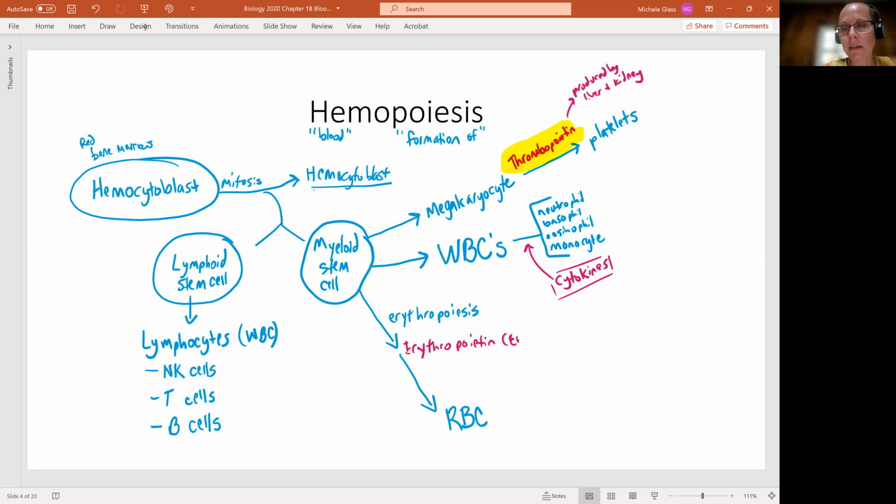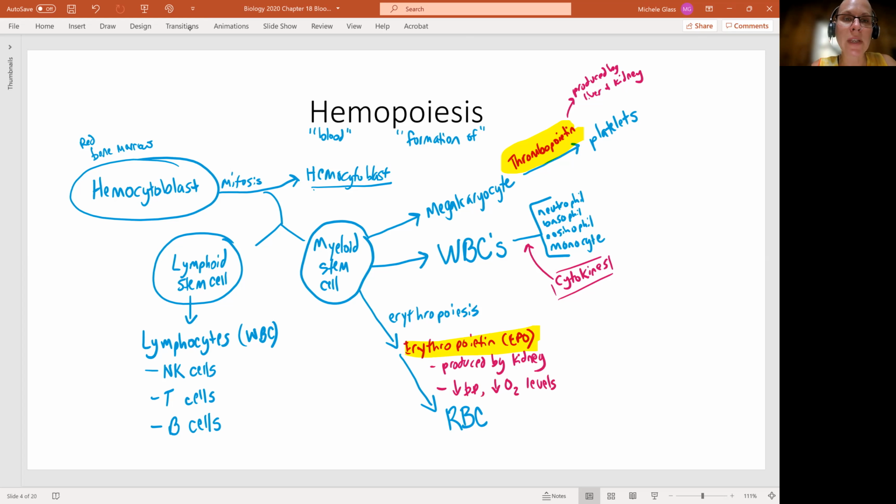We can abbreviate this hormone erythropoietin as EPO. And what we'll see is that this is going to be produced by the kidney. It's going to be produced when you have a low blood pressure or low oxygen levels. And it's going to stimulate an increase in the production of red blood cells.